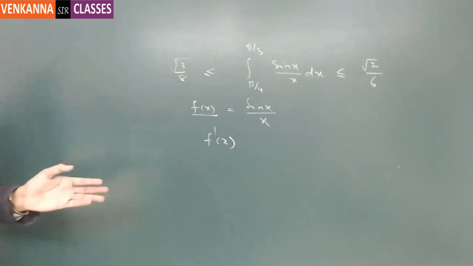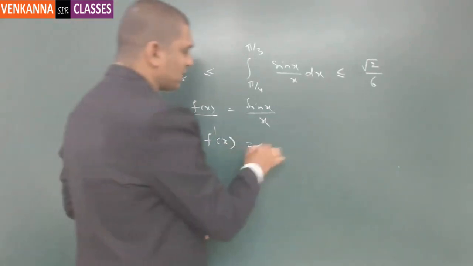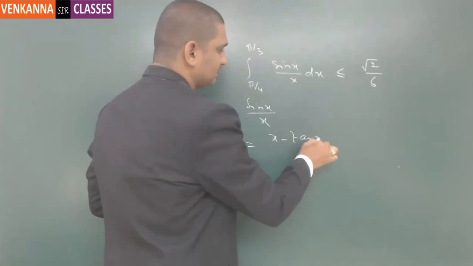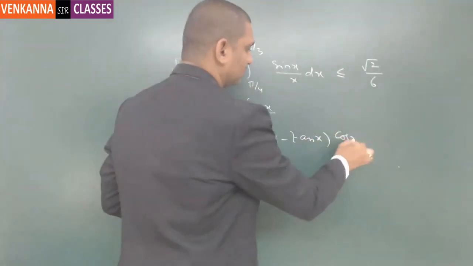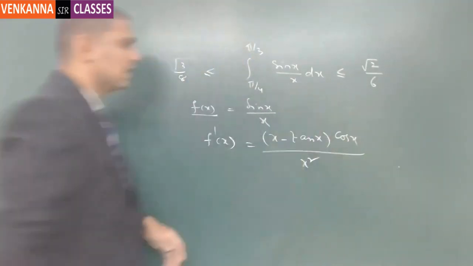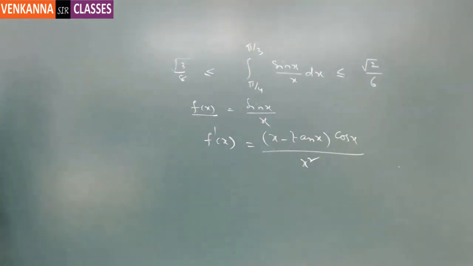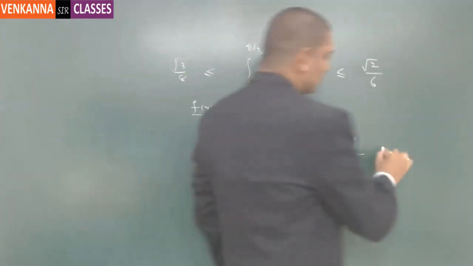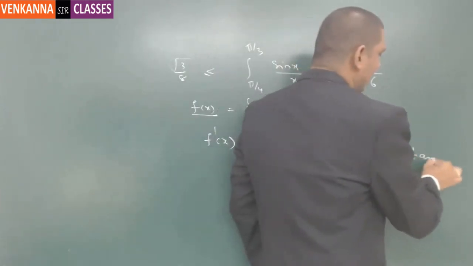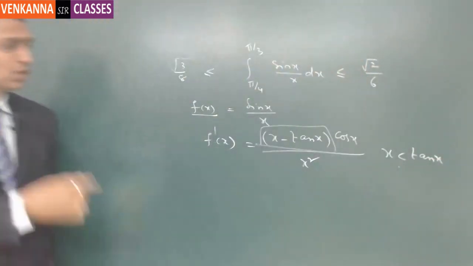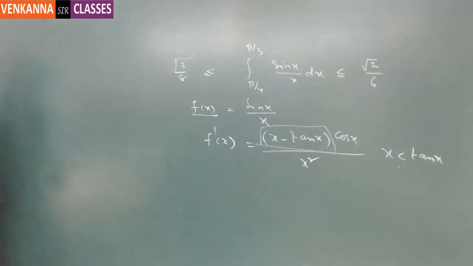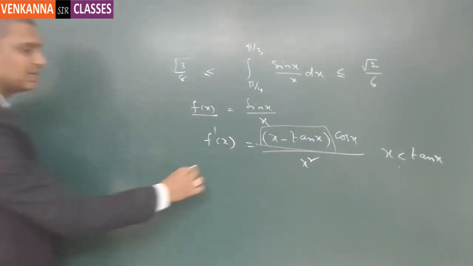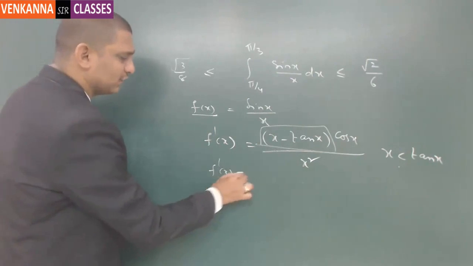After simplification, you get (x minus tan x) times cos x by x square. In the numerator, x is less than tan x in the given interval, so the numerator is less than 0. So f dash of x is less than 0.